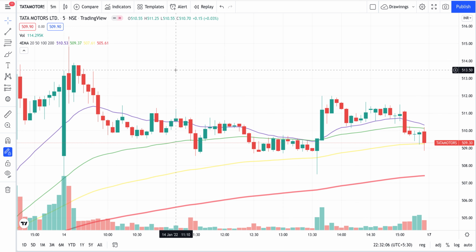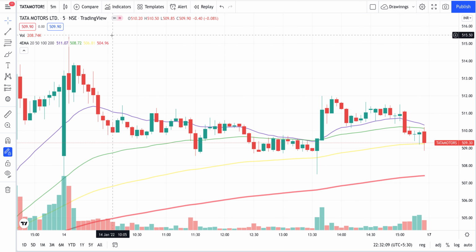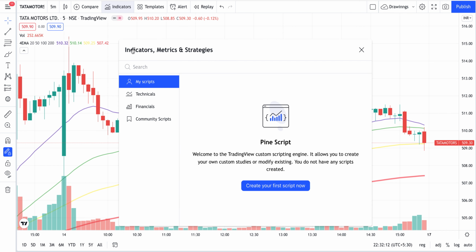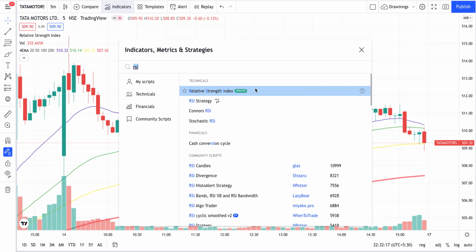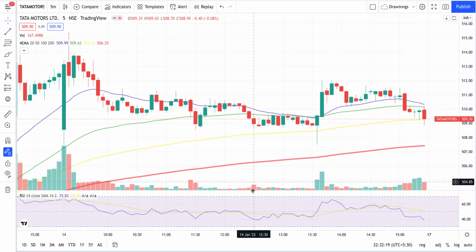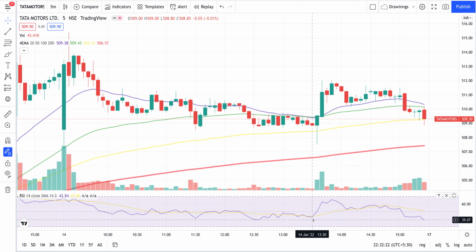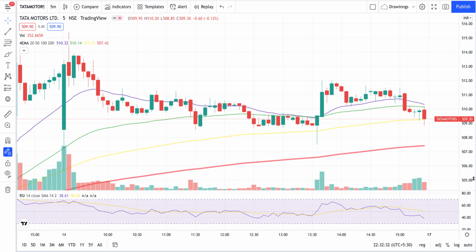Then we are going to discuss how to add another indicator, which is called RSI, the Relative Strength Index. This will demonstrate the strength of buyers and sellers. We can see levels of 40, 60, and even 80 and above. If the line crosses down the 50, it will be a weakening signal.